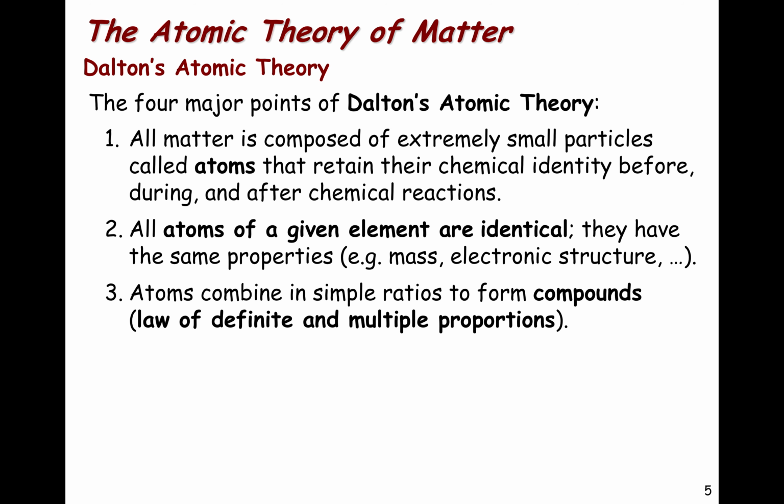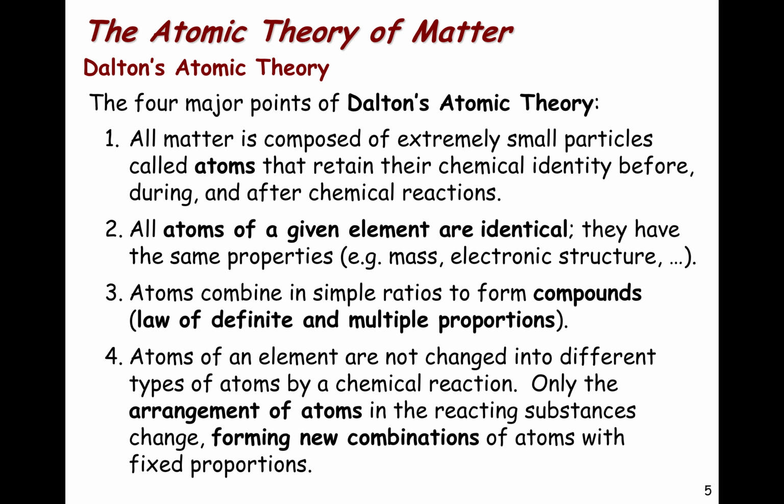And it turns out that the atoms of a compound will always combine in very definite proportions. So again, for example, water is always comprised of one oxygen and two hydrogens.